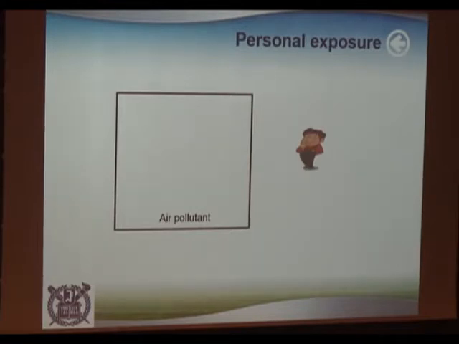And the reason we try to minimize this air pollutant in this box is to protect the human being, protect the comfort, protect the health effect. And in order for the health effect to occur, we need to have a personal exposure. So some of you already know what is a personal exposure, but I want to describe it with a picture.